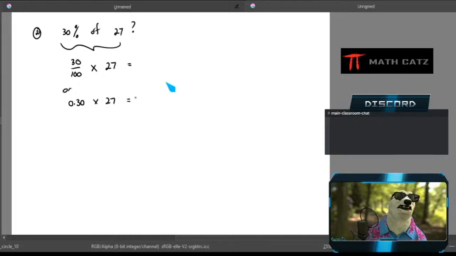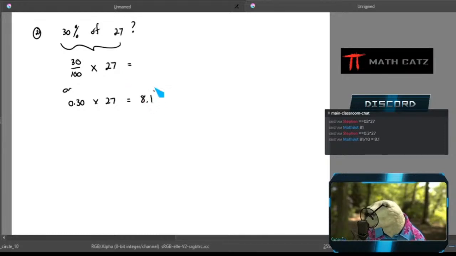Let's do the decimal version here for the calculator. 0.3 times 27. I could have adjusted it, but that's better to show in chat exactly the answer.